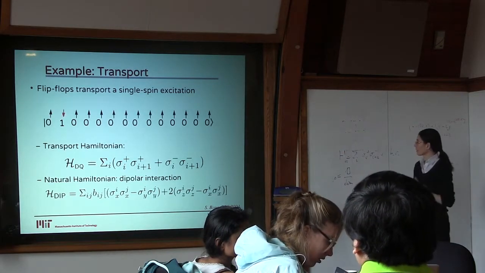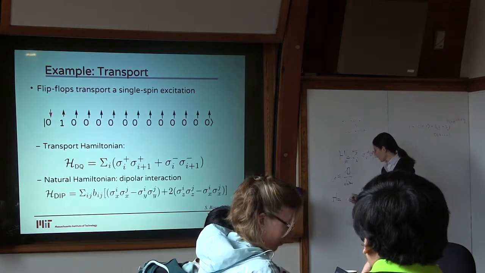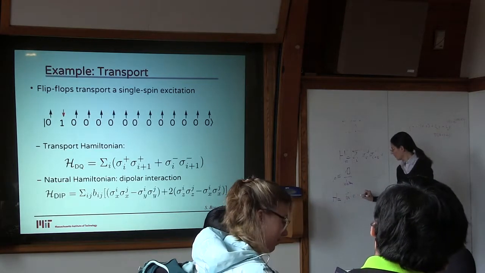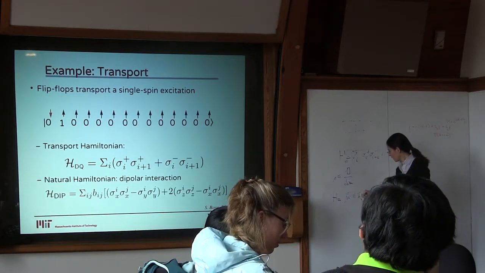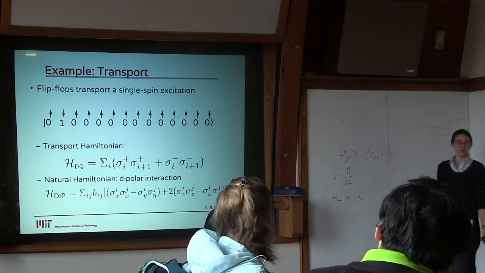So the dipolar Hamiltonian is given by the typical dipole-dipole interaction among two different magnetic dipoles.